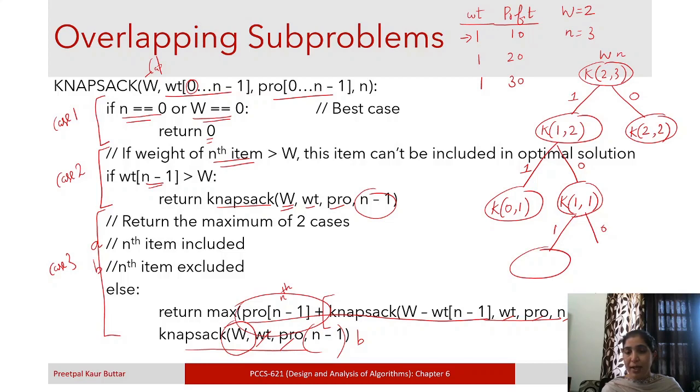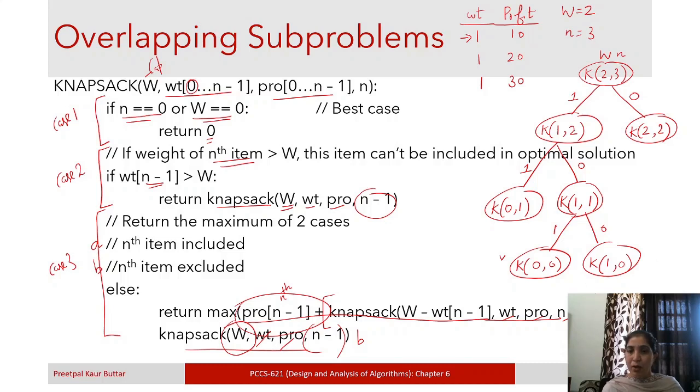If we include this item, then the weight which is left is 0 and the items which are left are also 0. And if we exclude this item, weight does not change, but the number of remaining items is 0. So this is also the base case because n is 0 and w is 0. And here also this is the base case because none of the items is left.